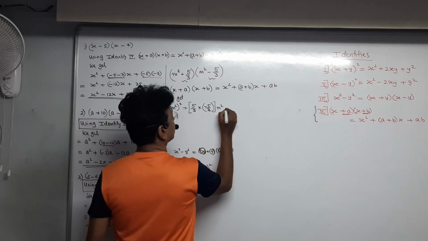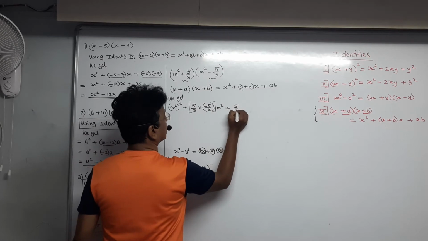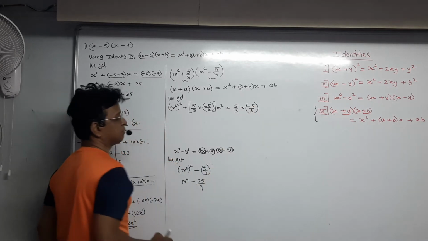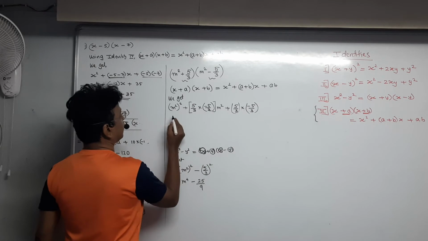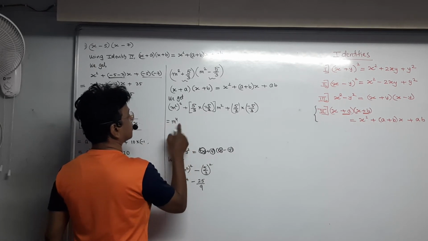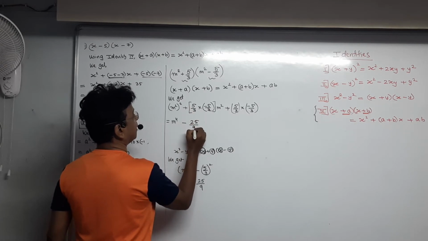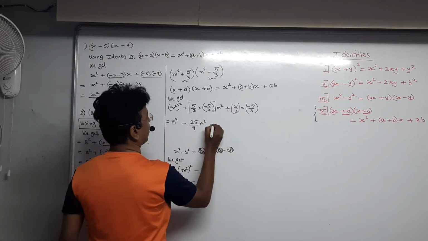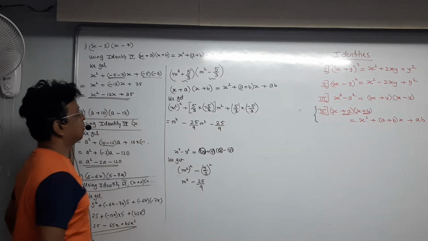Then plus multiplication of this 5 upon 3 into minus 5 upon 3. Right? So what do you get over here? m raised to the power of 4 plus, this will become plus minus 5 fives are 25 upon 9 m square. This will become plus minus 25 upon 9. Okay.